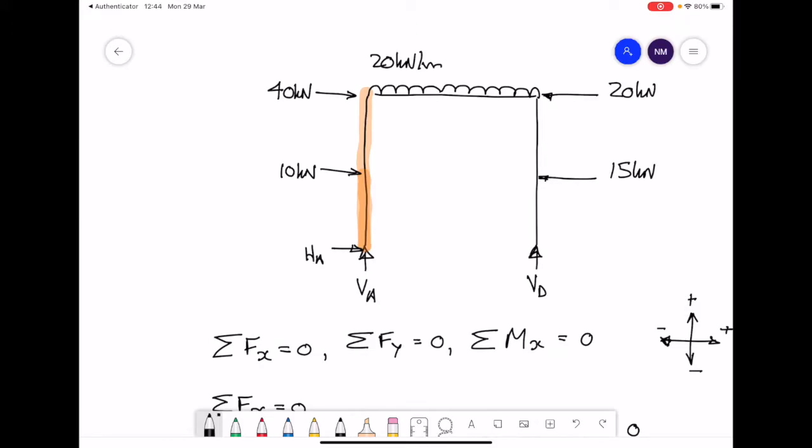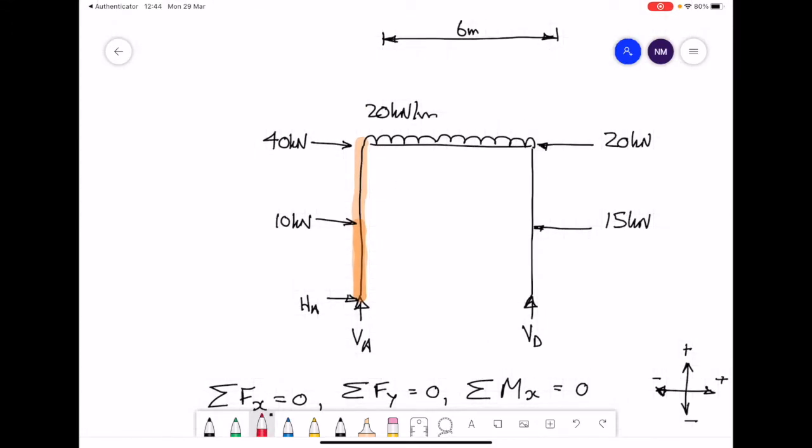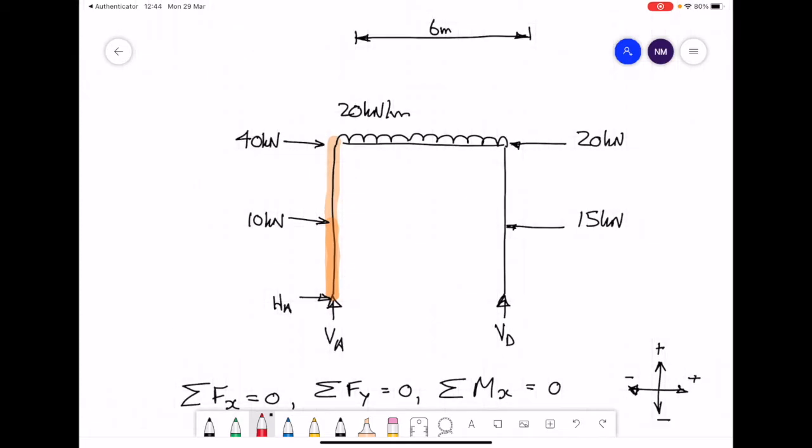Now, dealing with the UDL, what we do is we take all of the weight of the UDL and concentrate that as a point load in the middle. So effectively what we have is a 120 kilonewton point load in the middle of the UDL. So that's the size of the force. However, when we're considering distance, it's the force times perpendicular distance to line of action.